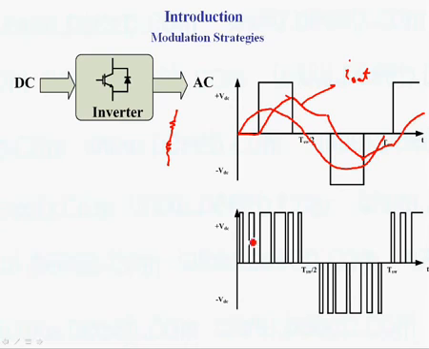But what's the difference when we increase the number of pulses? Here, for example, when the output voltage is zero, then we have a small pulse, we increase the current, and again the output voltage is zero, the current is decreased a little bit, and then we increase it, decrease, increase, decrease. We increase the current because the voltage is positive, and the current is decreased because the voltage is zero.